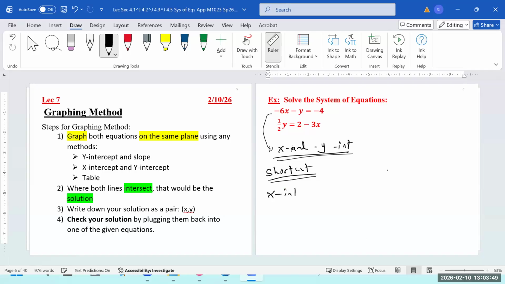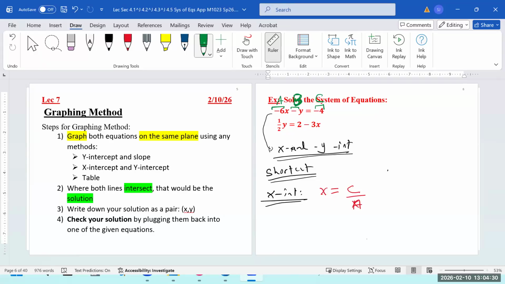To find the x-intercept, x equals, you're going to take your c, which is the constant, and divide by your a. Whatever you have in front of the x is called a, whatever you have in front of y is called b, and the constant is called c.